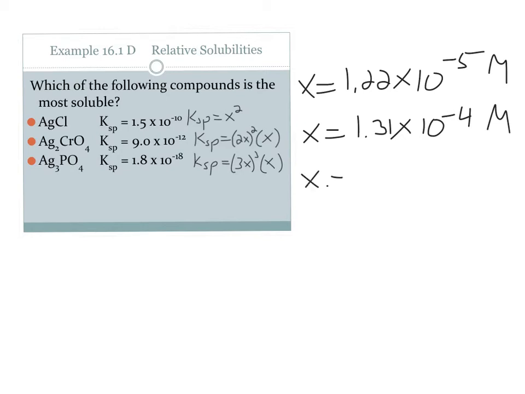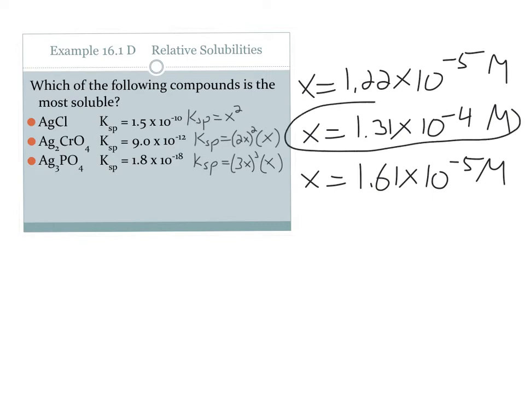And then the silver phosphate, 1.61 times 10 to the negative 5th. So here, the most soluble is actually the 10 to the negative 4th. And we can see here that the one that we looked at first that had the highest Ksp, 10 to the negative 10th, is actually the least soluble of the 3 salts.